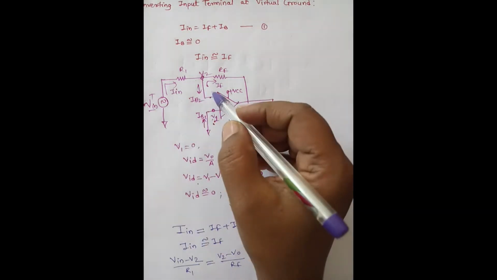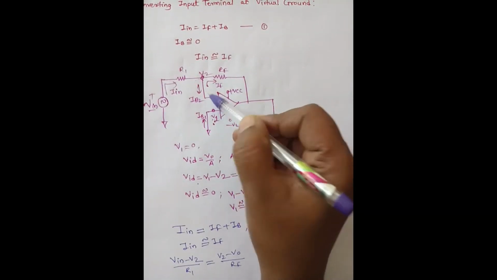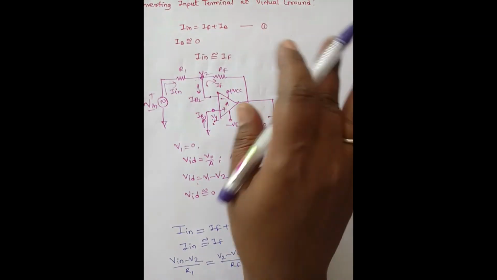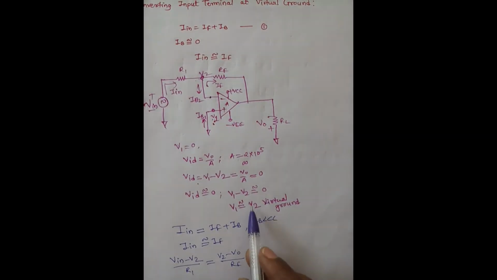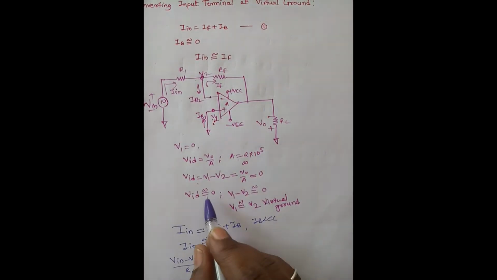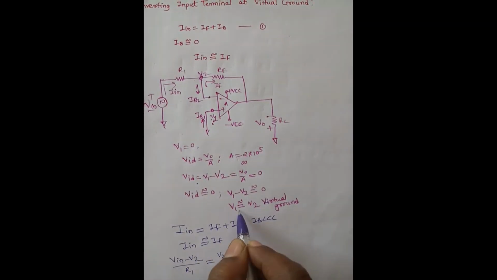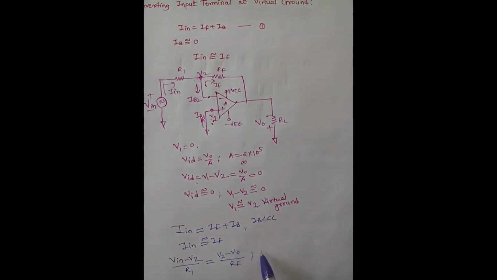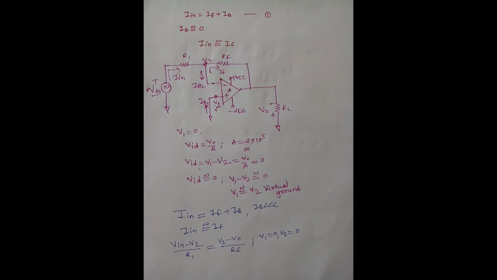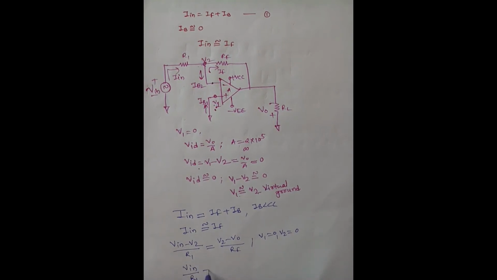This point acts as ground for voltage and not for current. As V1 is equal to 0, V2 is also equal to 0. So this equation becomes Vin by R1 is equal to V2 minus V0 by RF.